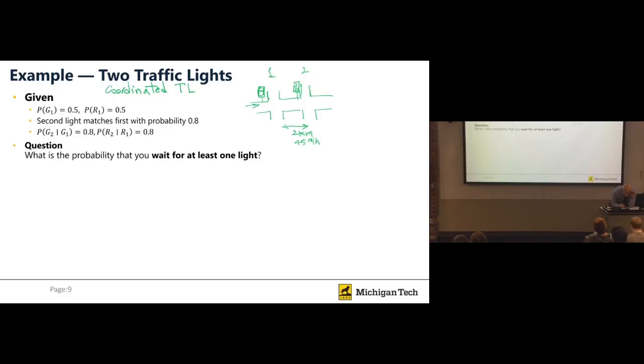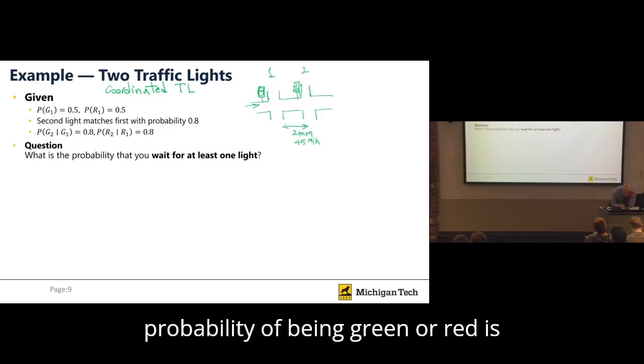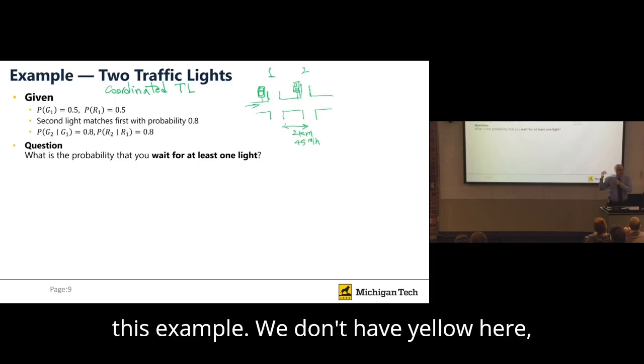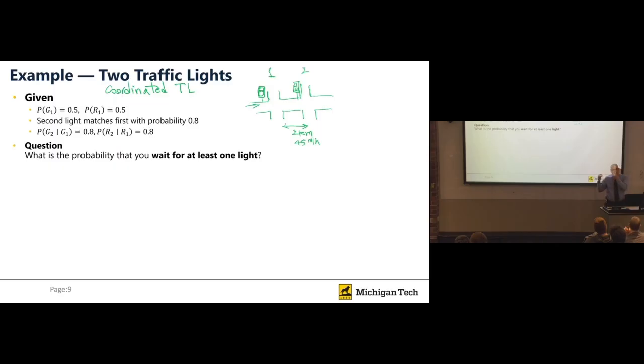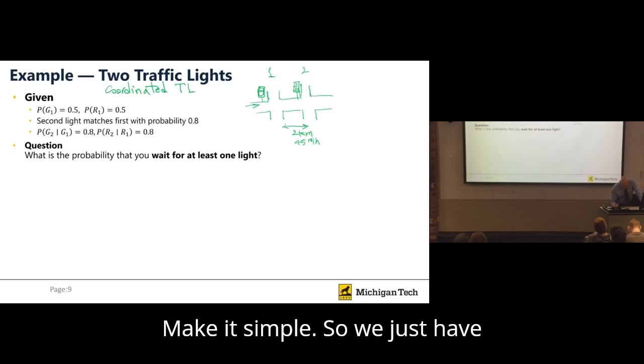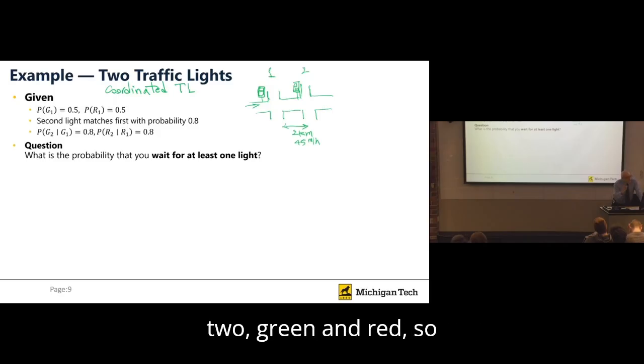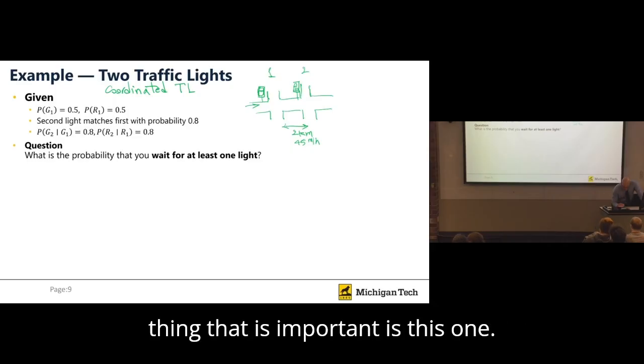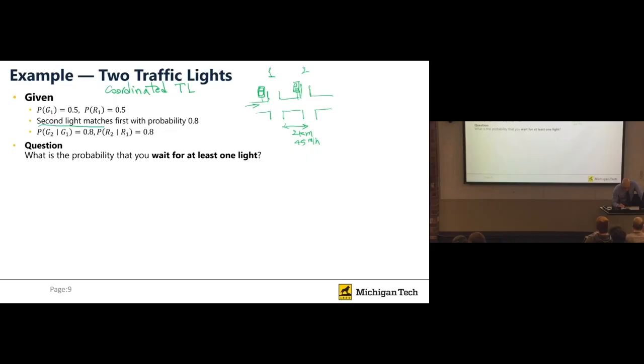We say, okay, the probability of being green or red is just 50-50. The light is green or red in this example. We don't have yellow here. Make it simple. So we just have 2, green and red, so they are half-half. We know that. Another thing that is important is this one.